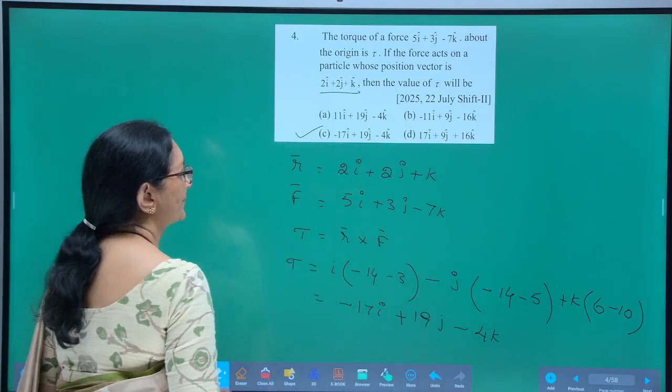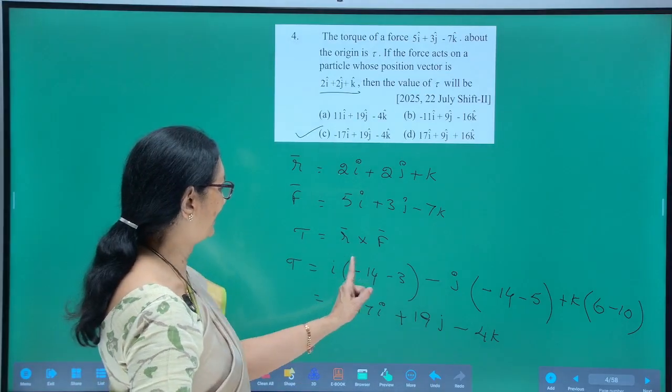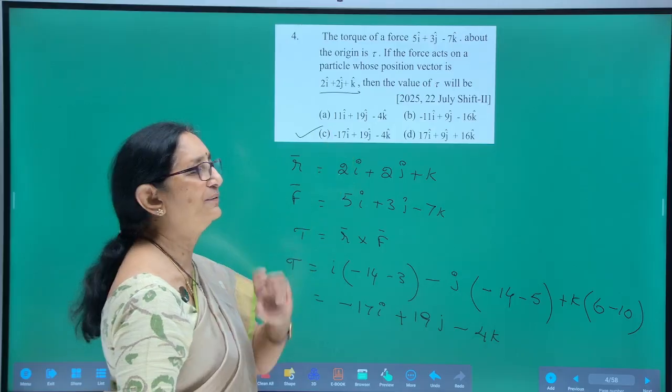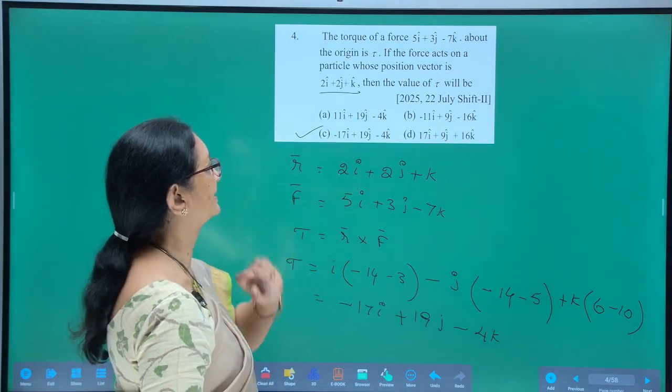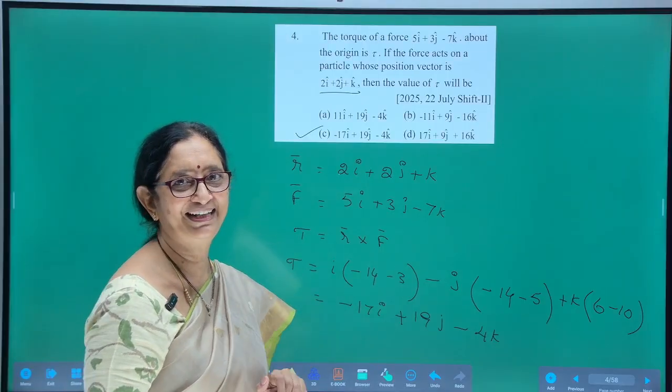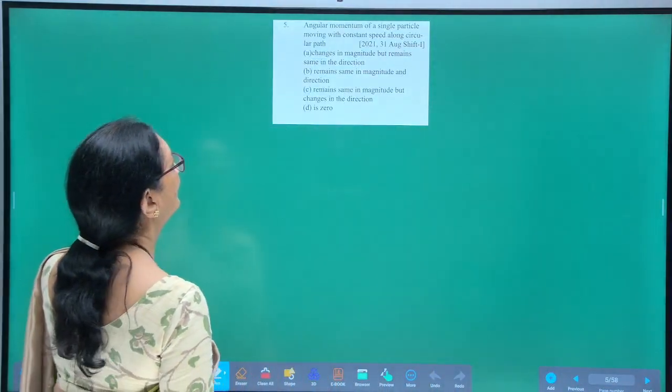So, option C is right. See, you have to be smart. Just by completing this, you could pick out the option because there is only one option starting with minus 17i. Okay? Now, go to the next problem.